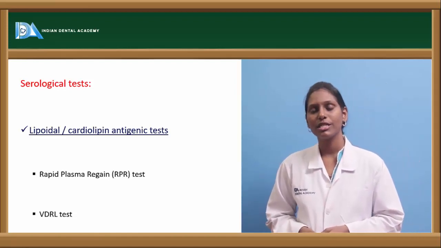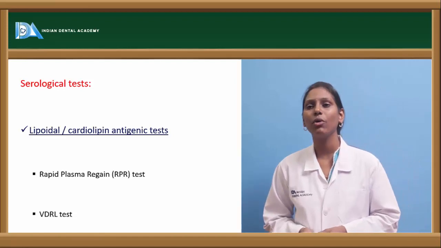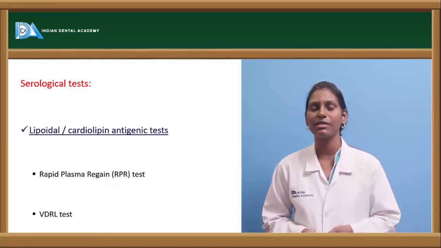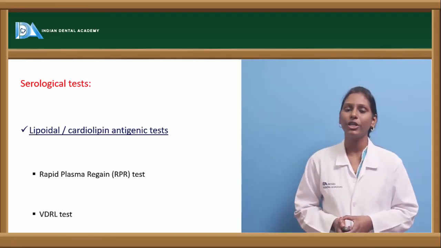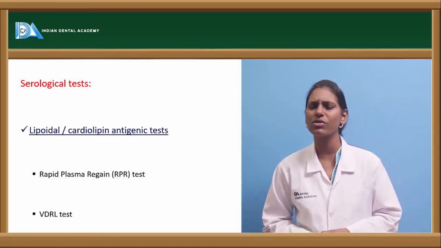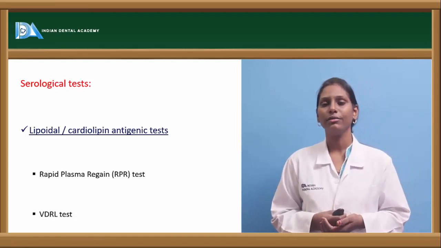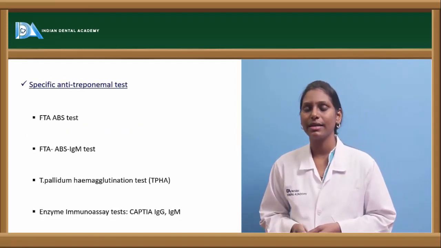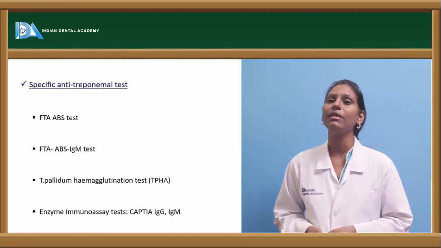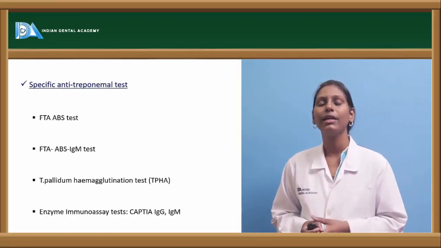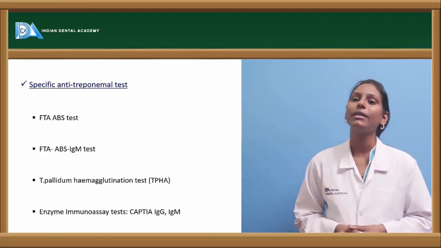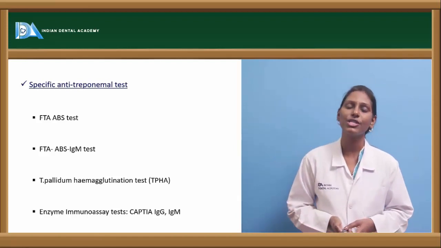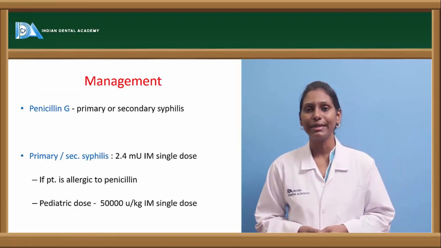We have various serological tests, either non-specific lipoidal or cardiolipin antigen tests, or specific anti-treponemal tests. In non-specific, we have the VDRL test, most commonly performed as a diagnostic test for syphilis, and the rapid plasma reagin test, that is RPR. In specific anti-treponemal, we have FTA-ABS, FTA-ABS IgM, the Treponema pallidum hemagglutination test, and enzyme immunoassay tests, especially for IgG or IgM.